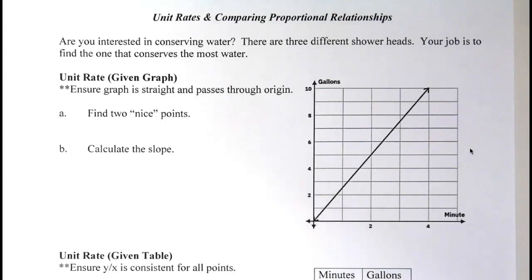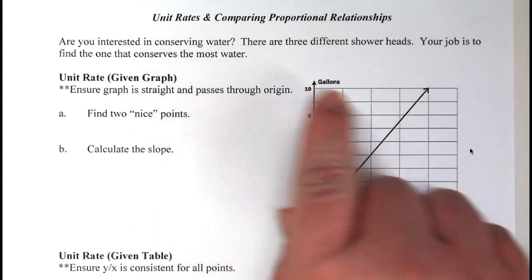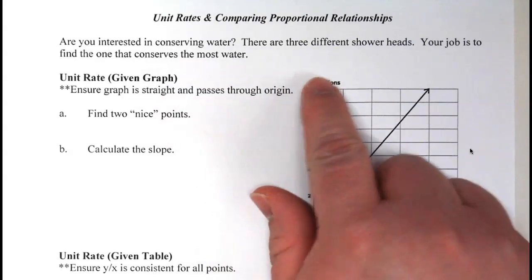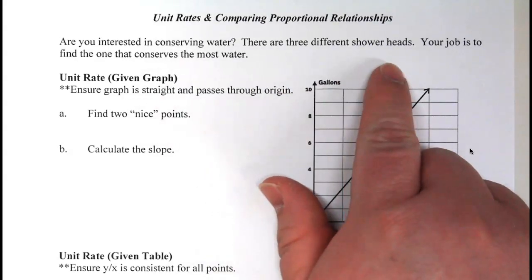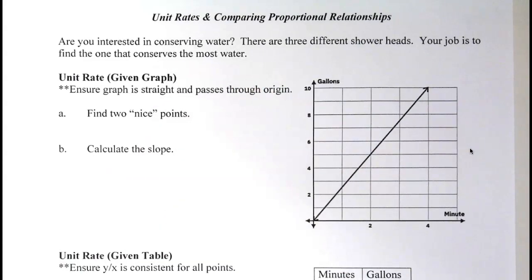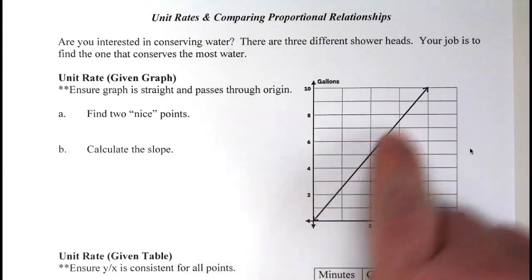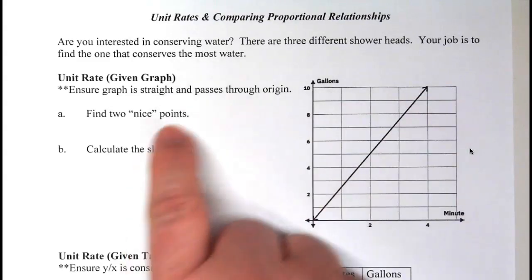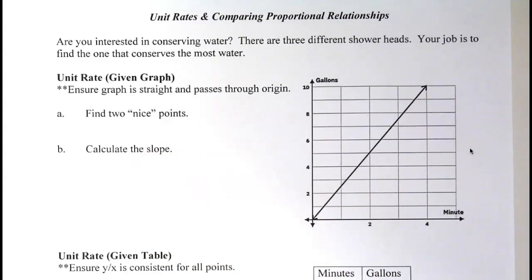So here's the situation. We are interested in looking at three different types of shower heads. And our job is to find the one that conserves the most water or saves the most water. So when you're given a graph, there's two things that we need to do in order to find the unit rate. Let's take a moment to look at the graph.